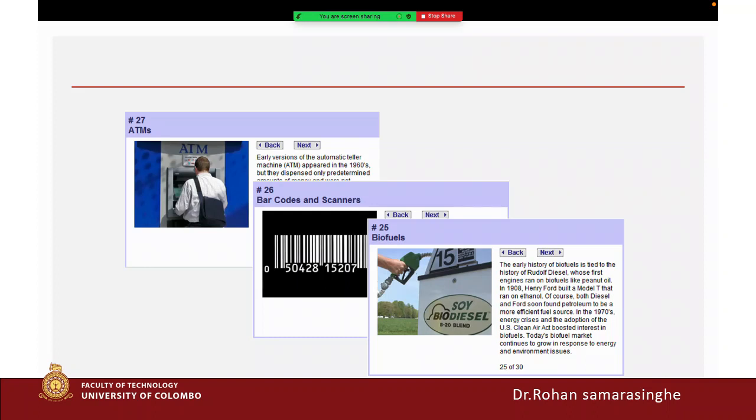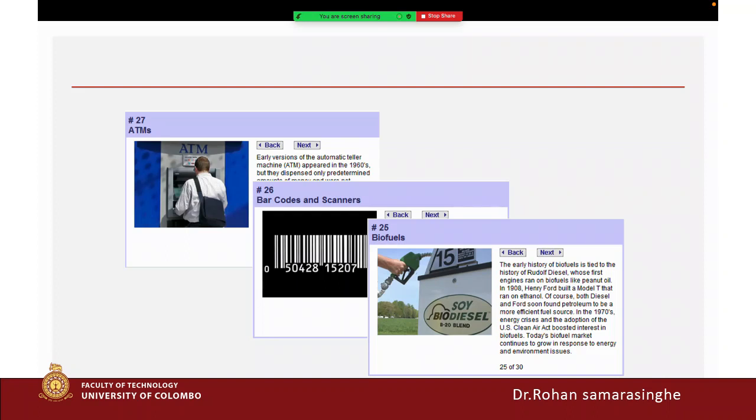And when you want to withdraw money, it goes to your account in the database and sees whether your balance is there. And if the balance is there, it withdraws the money and writes the remaining balance in the same database. So you can see the ICT behind that.